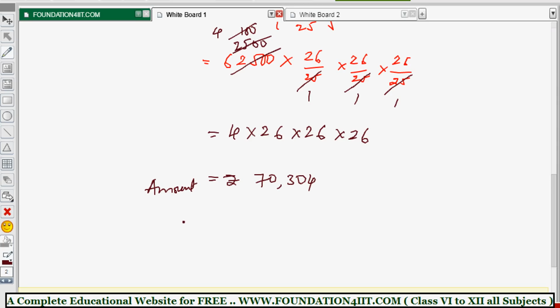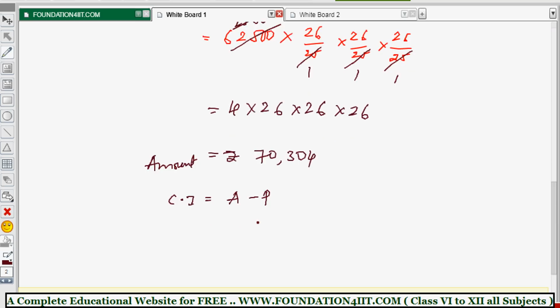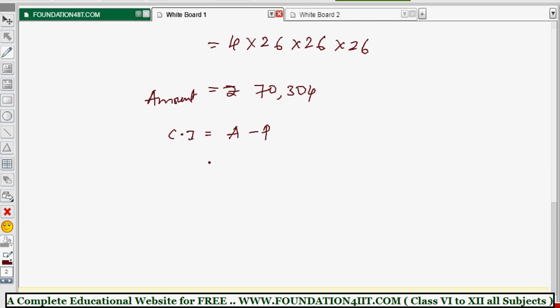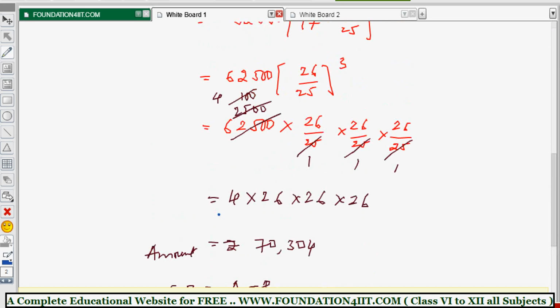Right? And compound interest is simple, just amount minus principal. Amount is what we got, 70,304, minus the principal given, 62,500. That's in the question.